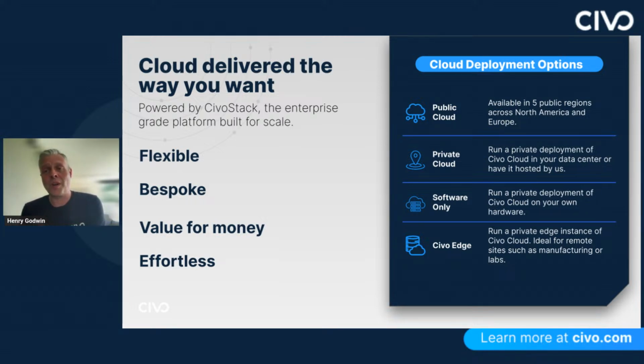Private, so run a private deployment of Civo Cloud in your data center or have it hosted by Civo. Or if you've already had a recent infrastructure investment, just take the software and run the private deployment of Civo Cloud on your own hardware. And then from an edge point of view, run private edge instances, which are ideal for remote sites, such as manufacturing and labs.